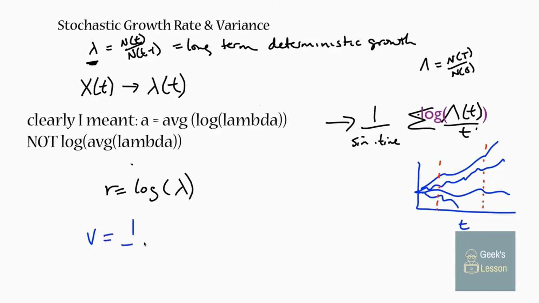So we calculate as that over all the simulations and all of the time points. It's the variance, or the sum of squared differences, I should say, between the log of total population growth in each simulation minus the length of the simulations times the average growth.